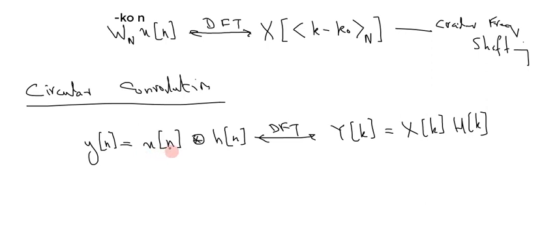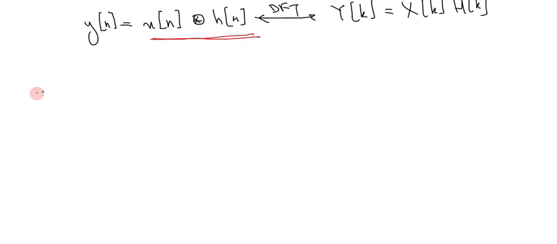Okay, let us understand this property with the help of an example, but before that we have to understand what is circular convolution. Let us do an example. Let's suppose we have two signals, x of n is equal to 1, 2, 0, 1.